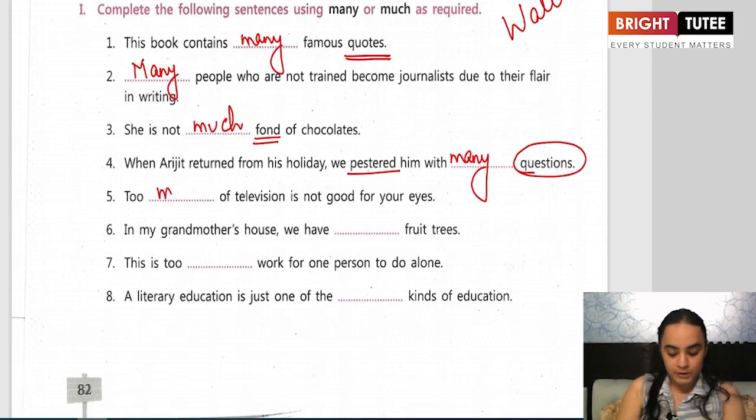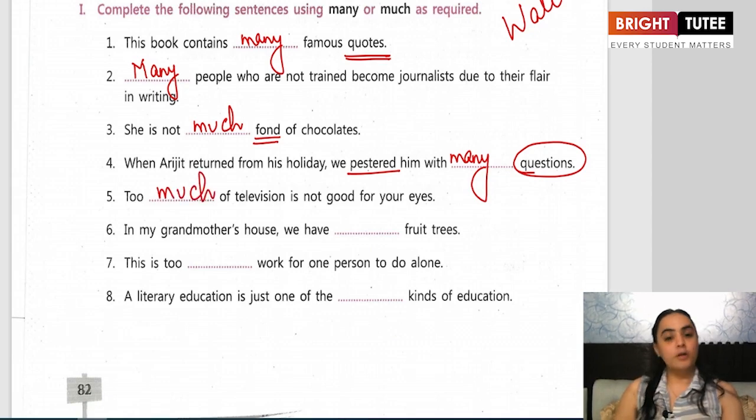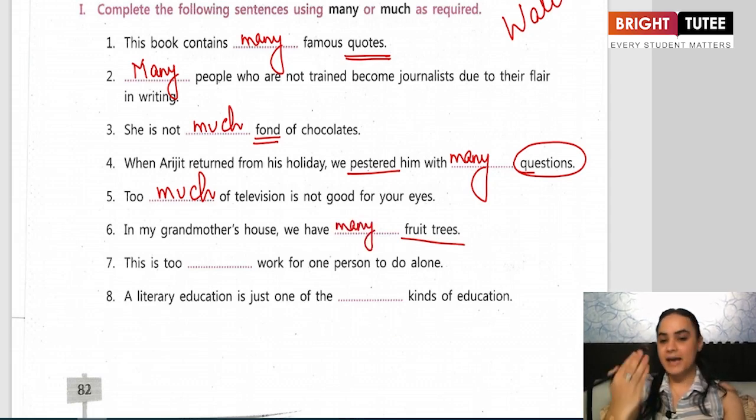So too much of television is not good for your eyes. In my grandmother's house, we have dash fruit trees. Fruit trees again can be counted, singular and plural both available. So I say many fruit trees. And like this, we are going to solve the rest of the sentences.